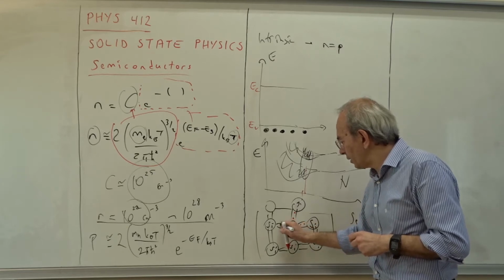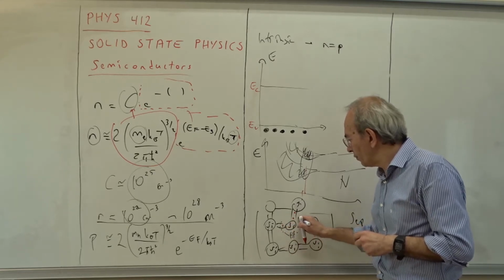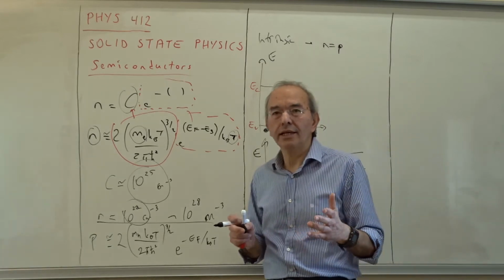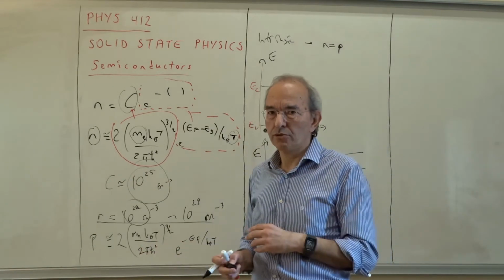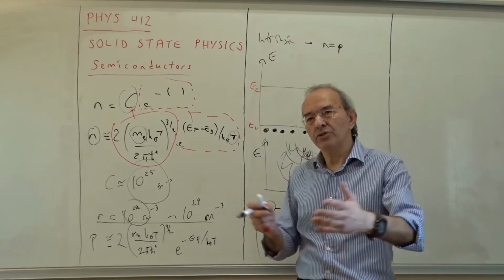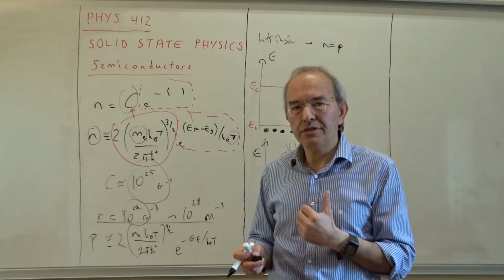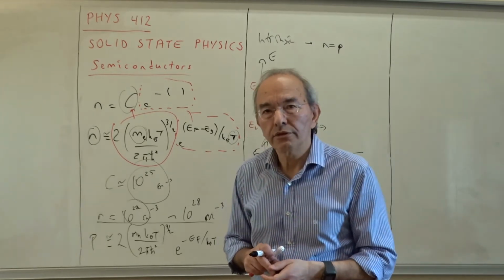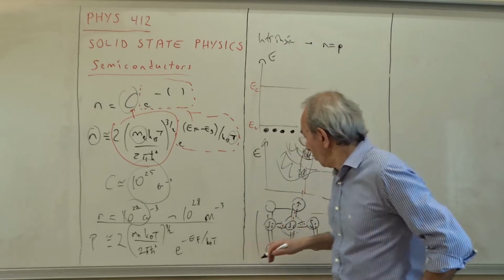So these are the 4 bonds that any silicon atom makes with the neighbors. So it's a diamond structure. In the previous lecture, I had shown the diamond structure. You can have a look if you have forgotten.